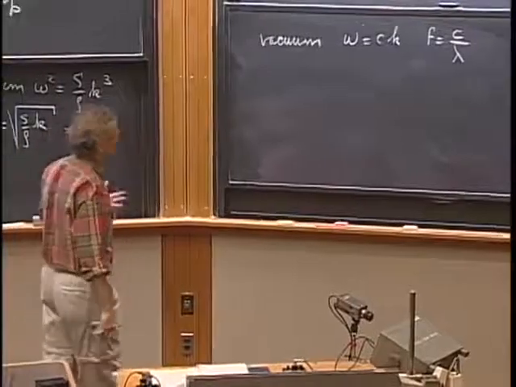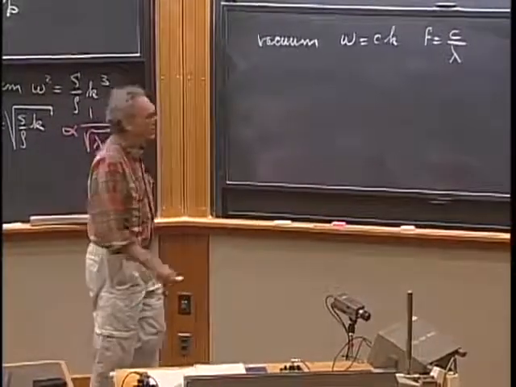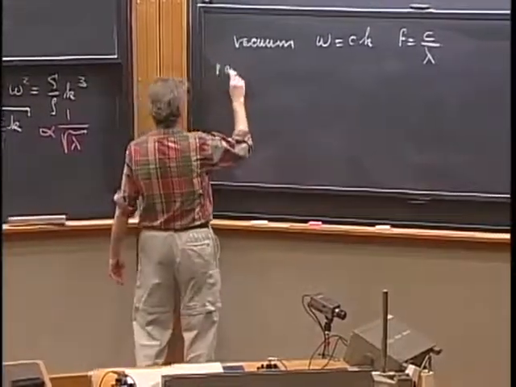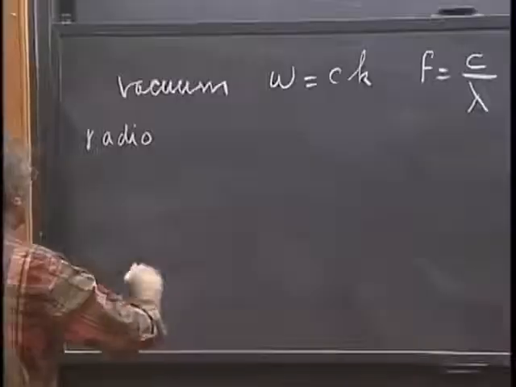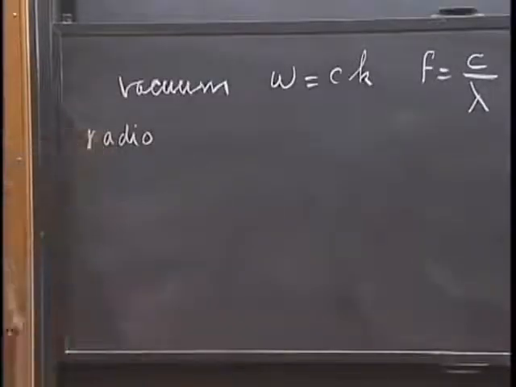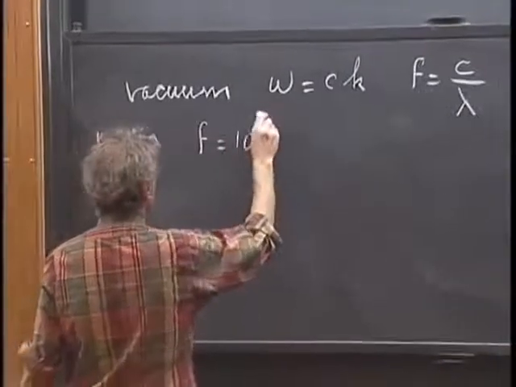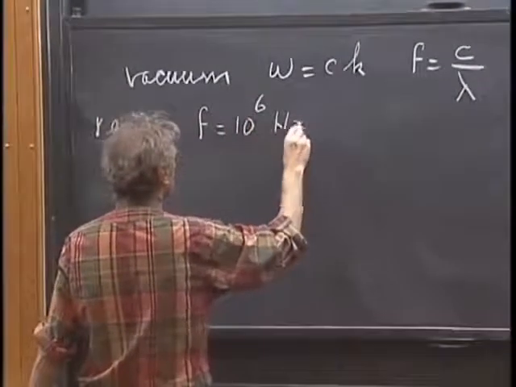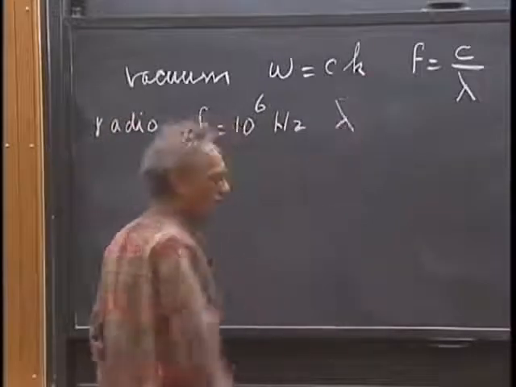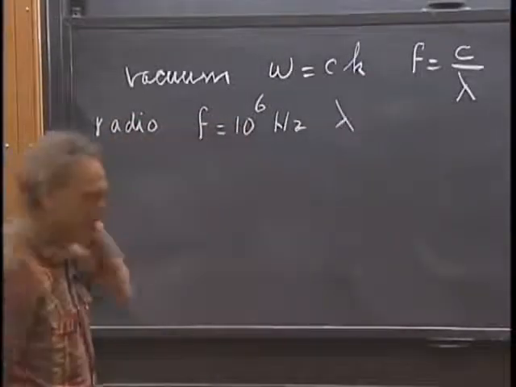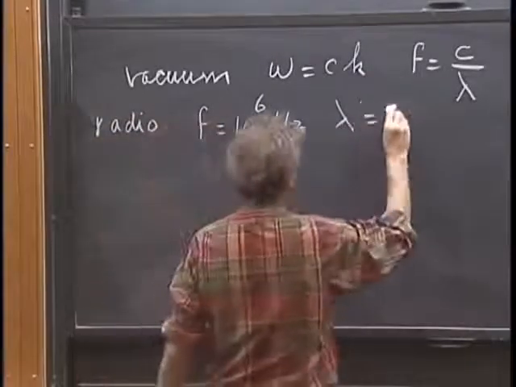And so we will encounter in 8.03 radio waves, and we will actually produce them. Let's say we take a frequency of about 1 megahertz, 10 to the 6 hertz. That would give you a wavelength of about 300 meters. You can use this equation.